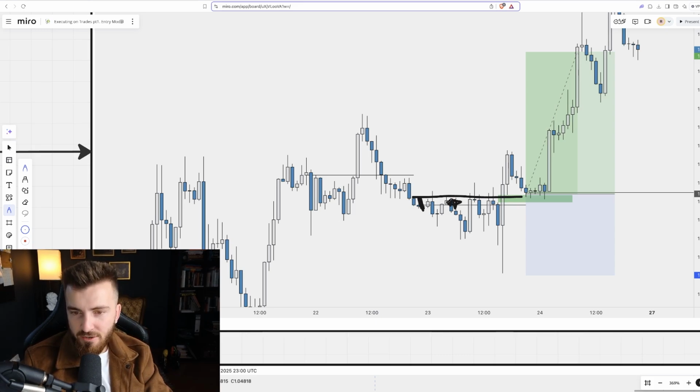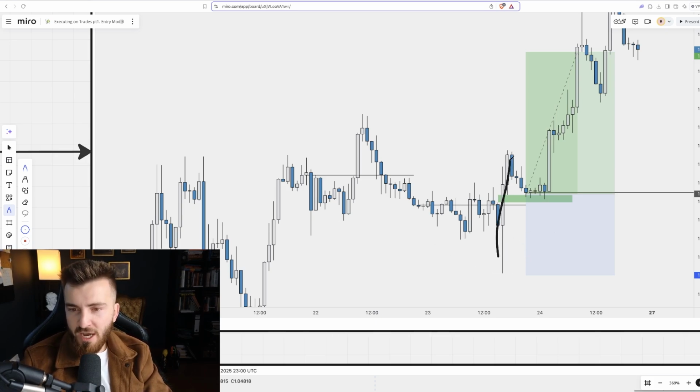Everyone that longed here, which is Asia session, is at a loss. Everyone that longed here, which is London session and New York session, is at a loss. This is New York session. This is going to be London session around here, right? So all of these traders are at a loss. Big move lower, grabs all of the liquidity. If this is not a liquidity sweep, I don't know what is.